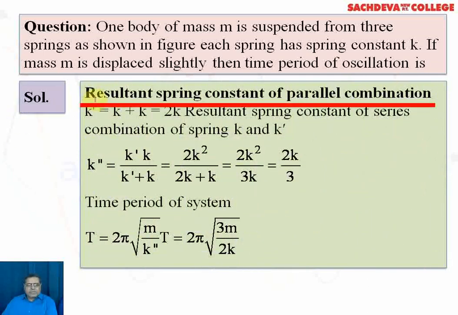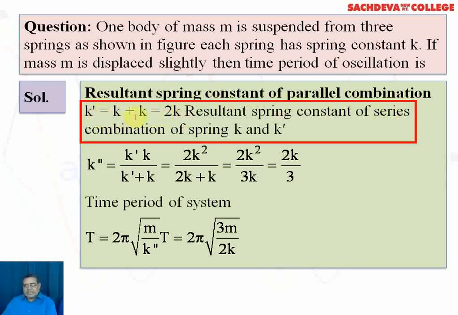Now the resultant spring constant of the parallel combination. In the parallel combination, the resultant spring constant, k dash, is calculated by adding the two force constants. Force constant and spring constant are the same thing. So we add the two numbers, it will become 2k.